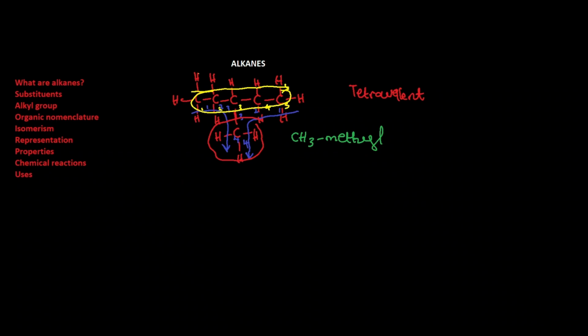Now, how this is done is that we want to give this substituent a number, the lowest possible number. And in order to get the lowest possible number, we have to start counting from a side that would help us to attain this lowest possible number. So I would just draw this out again. Drawing this out again, it looks something like this, and then the methyl is attached here.